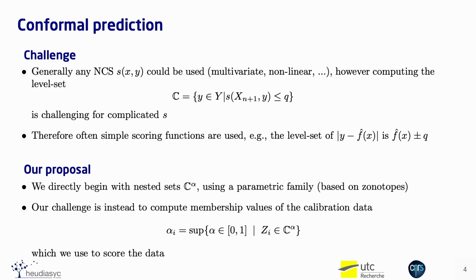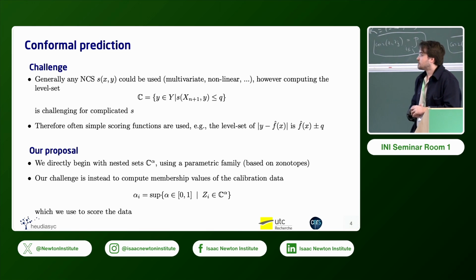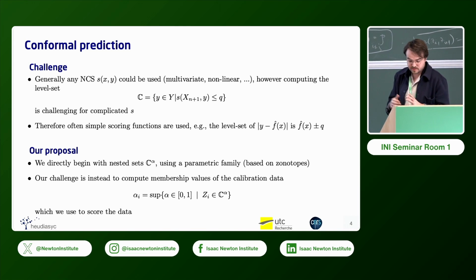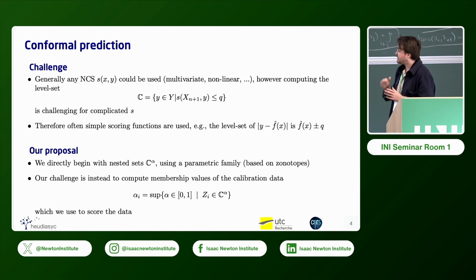And this is quite complicated if S is challenging. So often people use quite simple scoring functions, for example just the residual, whose level set is just the prediction plus or minus some value. So this is quite challenging if you want to do very high dimensional conformal prediction. What S can you pick such that you can get an easy level set?